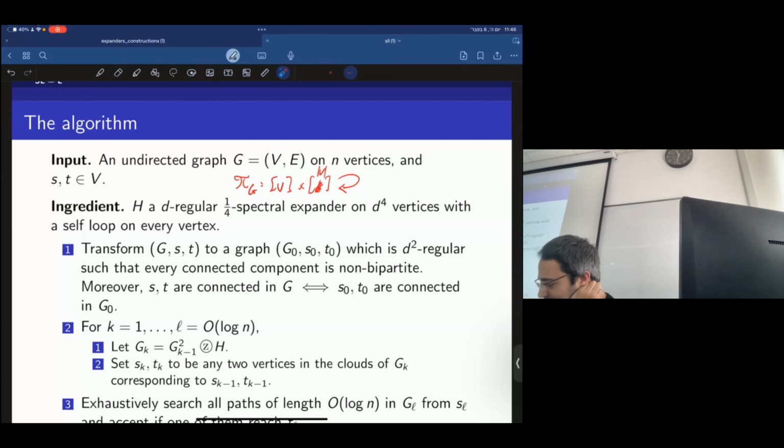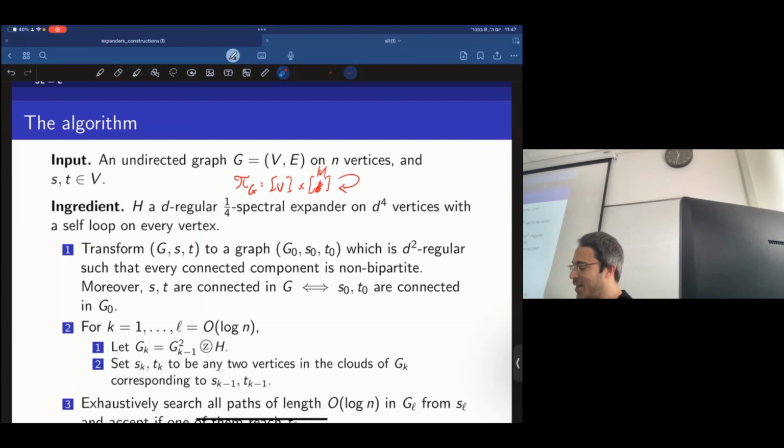And the ingredients will be somewhat similar to before. There's going to be a graph which is d-regular, for any number for which there is such a graph. I don't really mind, but think of 100 or something. It also returns the rotation map. So we are going to have this gadget H that will be in the zigzag.